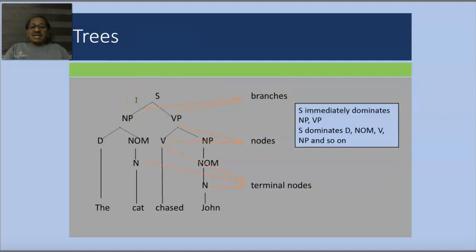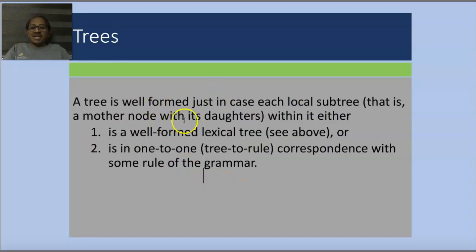So if a local subtree either is from the lexicon or by a rule, that's what it means here. It is a well-formed lexical tree or is in one-to-one tree-to-rule correspondence with some rule of the grammar. This is phrase structure grammar, or context-free phrase structure grammar.